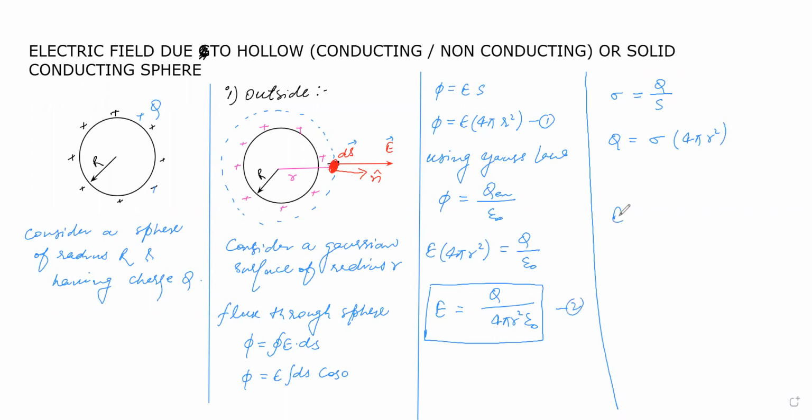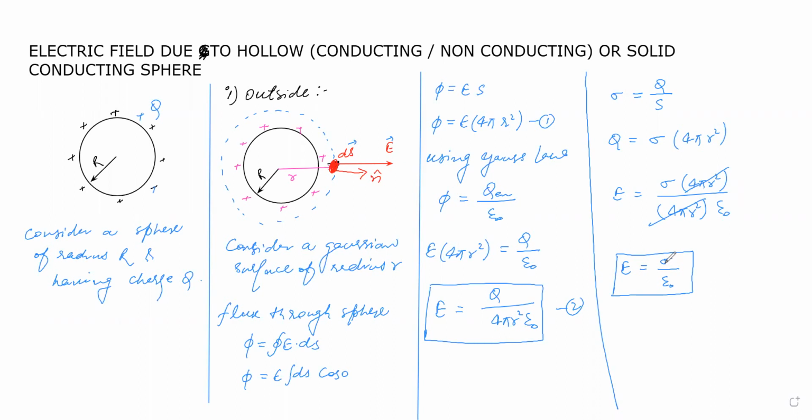You get E is equal to sigma 4 pi r square over 4 pi r square epsilon naught. This whole part, 4 pi r square and 4 pi r square, will cancel each other. Finally, you get E is equal to sigma over epsilon naught. This is the equation of electric field in terms of density sigma.